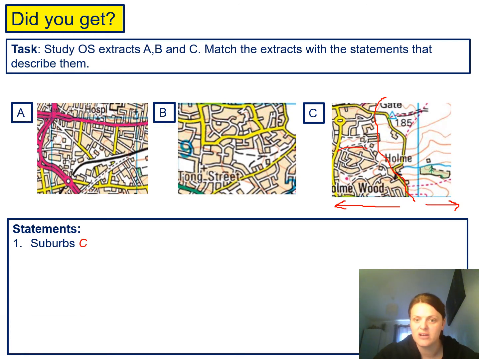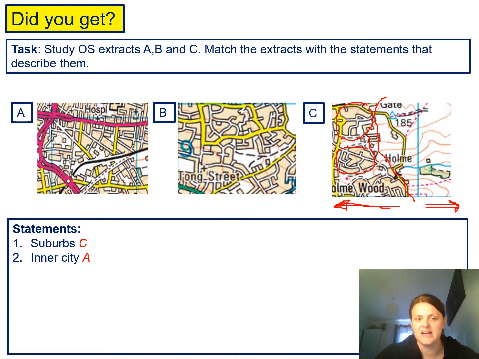And here, all these beigey squares are the buildings. So you can see that the buildings are quite close together here on the left side of the map, showing that it's urban. And then on the right, there are no buildings and it's open. So that's the rural area. And therefore that has got to be the suburbs.